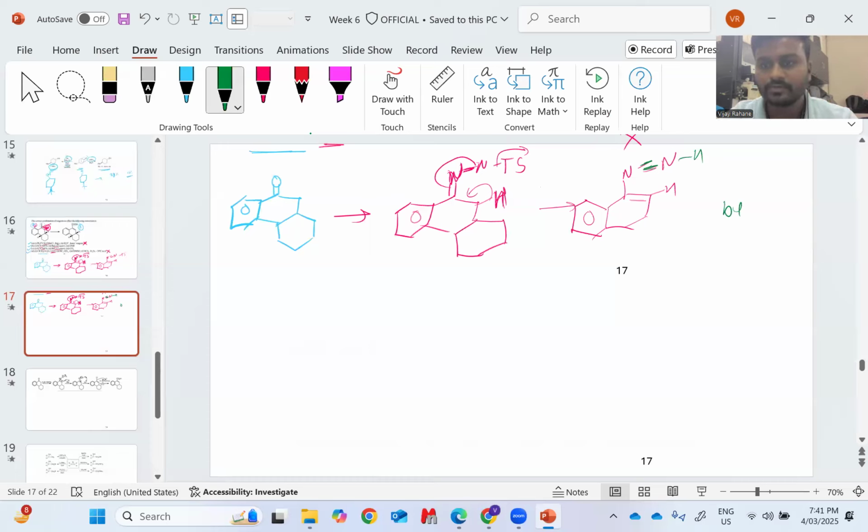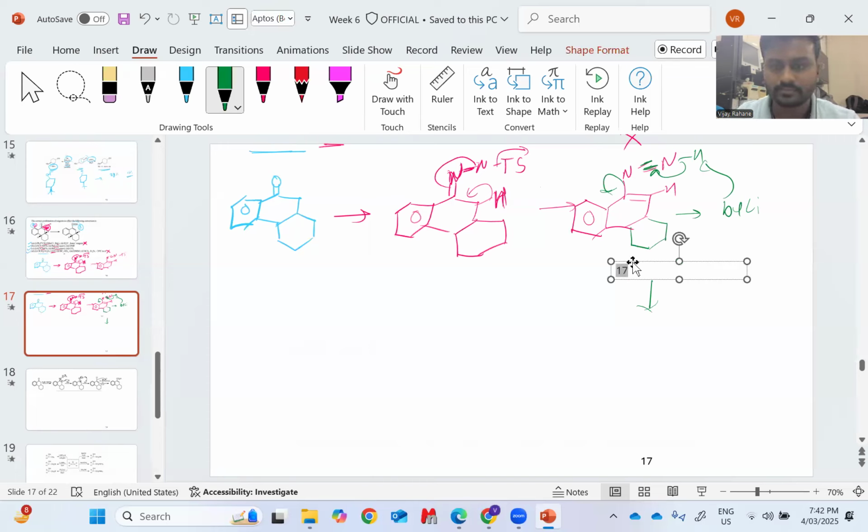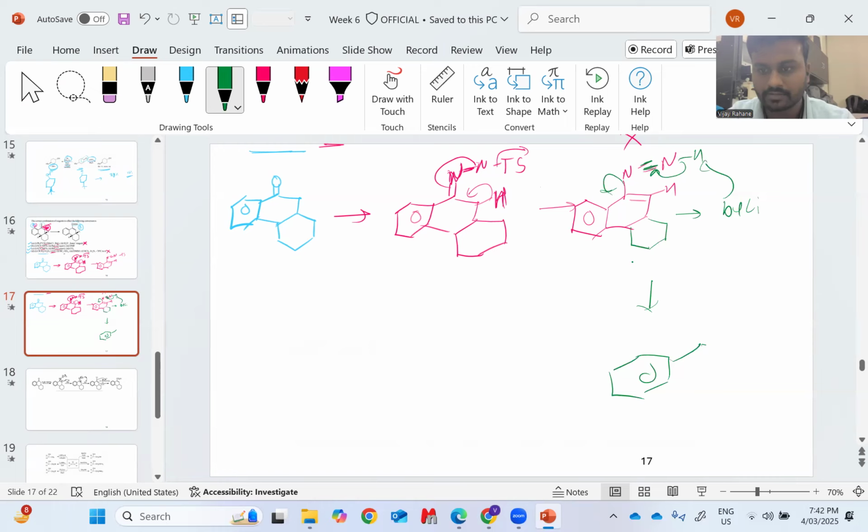So once this proton is abstracted, this goes here and it forms an anion in this case here. So now the anion is located on the, so lithiation occurs at this stage. Because lithium is already there in the reaction mixture, this is how the anion gets formed.